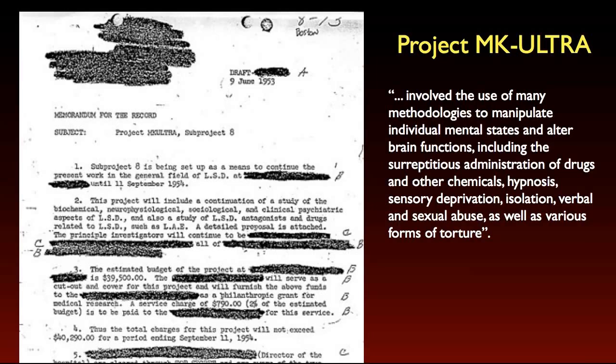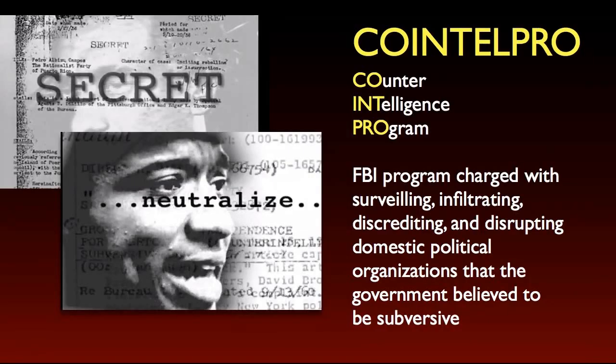Conspiracy theorists also point to other covert government programs that reveal a willingness to engage in the sorts of activities that they believe are actually being implemented on a larger scale. For example, every conspiracy theorist is familiar with COINTELPRO, an FBI program that operated over the same time period, roughly mid-50s to early 70s.